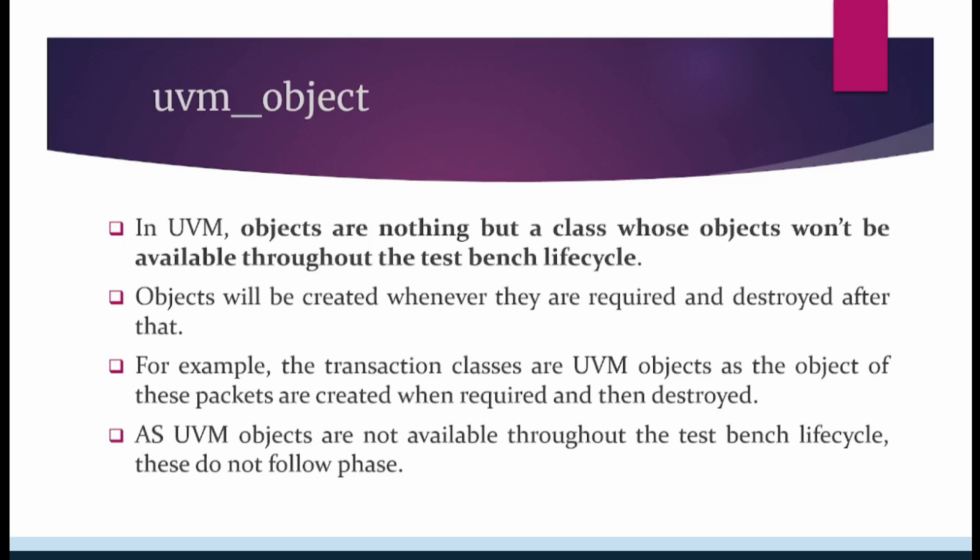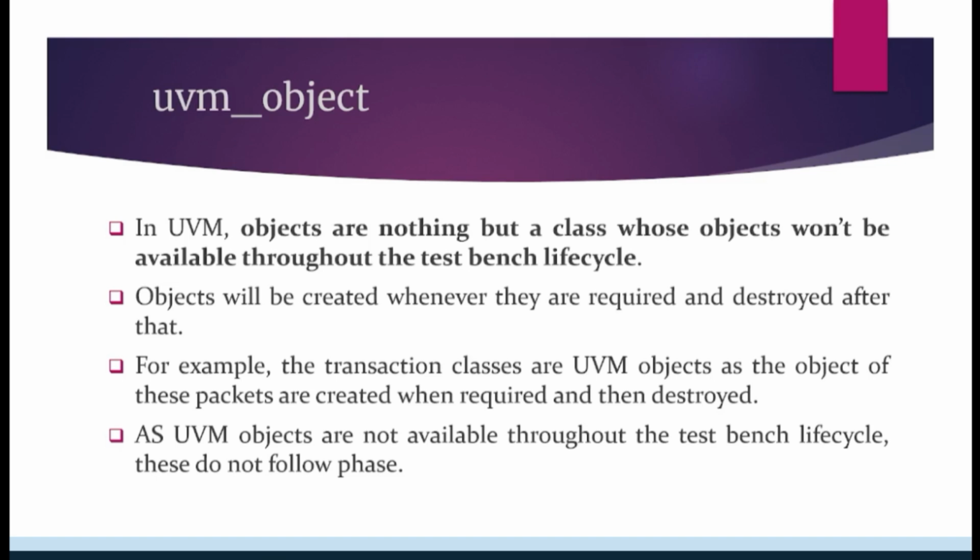There is one advantage of UVM object. Since it isn't needed in the entire life cycle of the TB, it can be created anywhere and destroyed anywhere. Whenever we require it, we can create it, and whenever the work is completed and we don't require it, we can just destroy it, because there is no need to save it for the entire time.